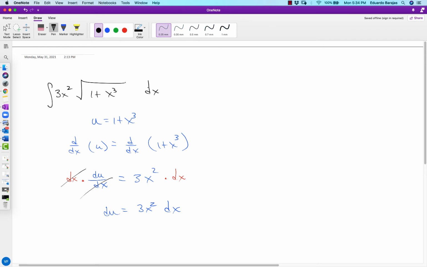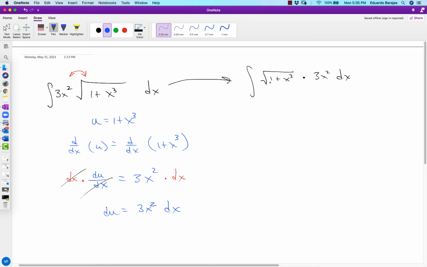So I'm going to copy this over here to make some space. So this is the integral of, and I'm just going to swap these two around. I'm going to write down the root first, square root of 1 plus x cubed, times 3x squared dx.